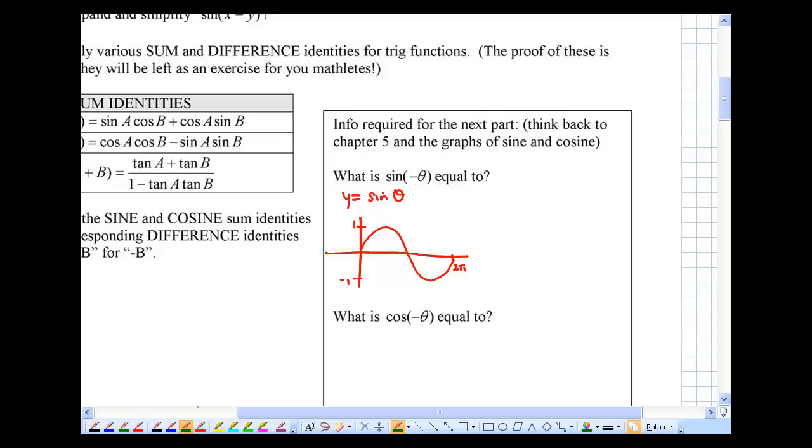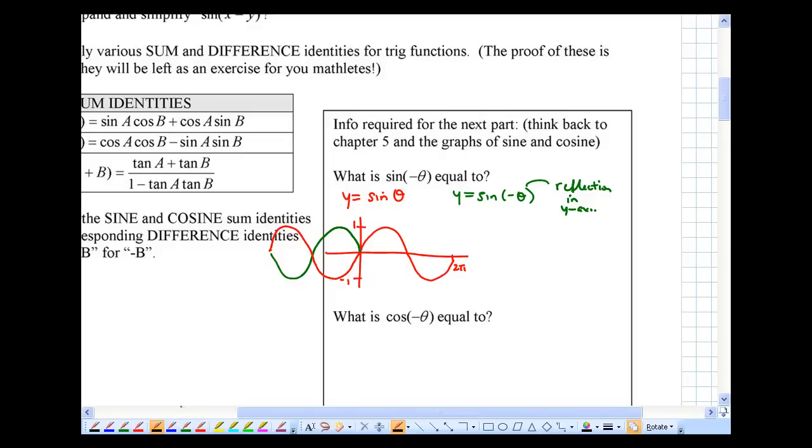So if I were to actually use now y equals sine of negative theta, once again, this is a reflection in the y-axis, that red graph becomes this green one. Remember how the red graph is periodic, goes on forever and ever. If I were to compare the red with the green, notice that it seems to be the same as a reflection in the y-axis.